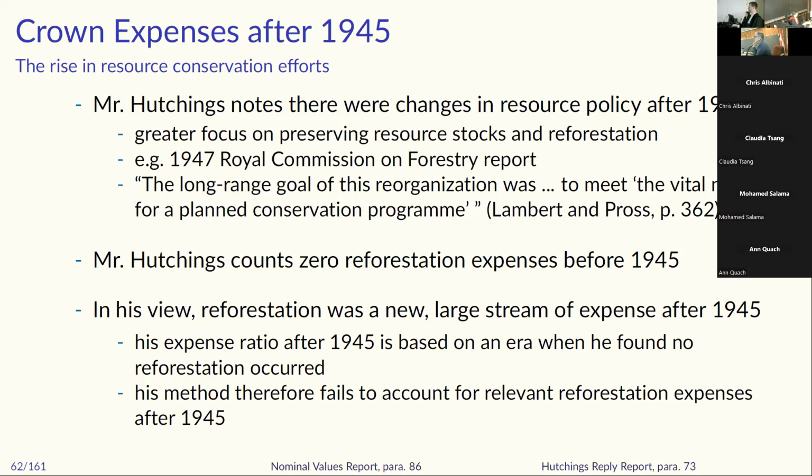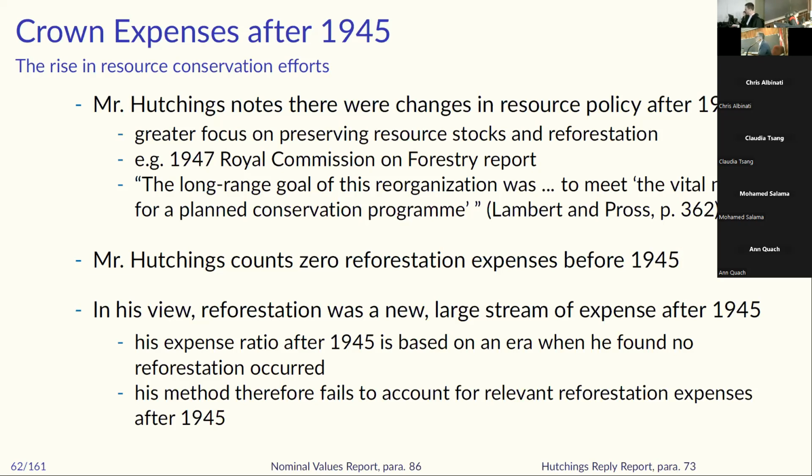To understand the purpose of that reorganization and the impacts it had, I turned again to the administrative history, Lambert and Pross. They discuss it in detail. And they wrote the words on this slide. They wrote, quote, "The long-range goal of this reorganization in 1943 was to meet," and they're quoting as well, "the vital need for a planned conservation program."